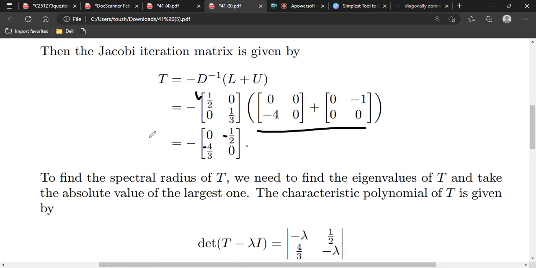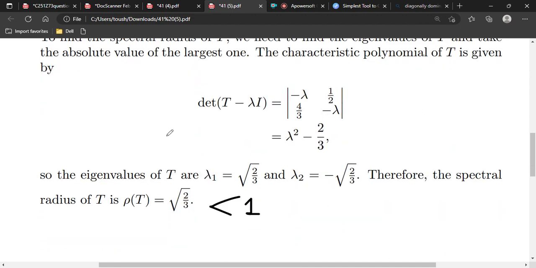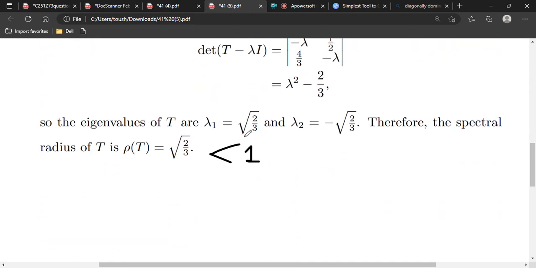You have the matrix T is this. So the eigenvalues of this matrix will be this: root over 2 by 3 and root over minus 2 by 3. Now the spectral radius means what? The absolute value of the largest eigenvalue. So here if you take the mod of lambda 1 and mod of lambda 2, both are the same actually.